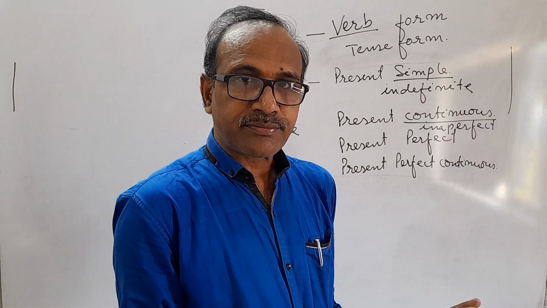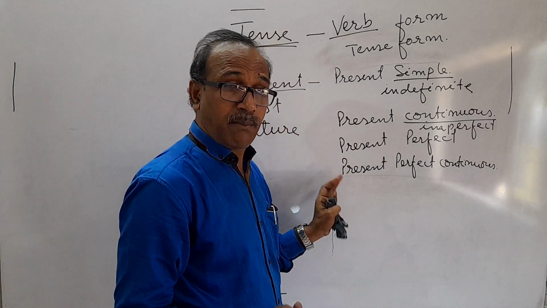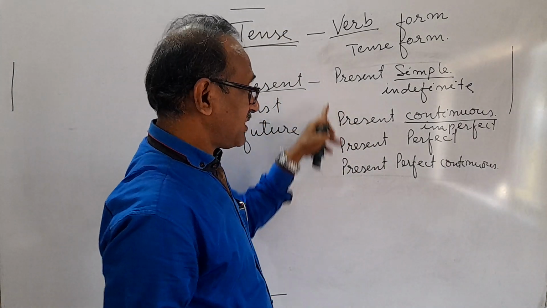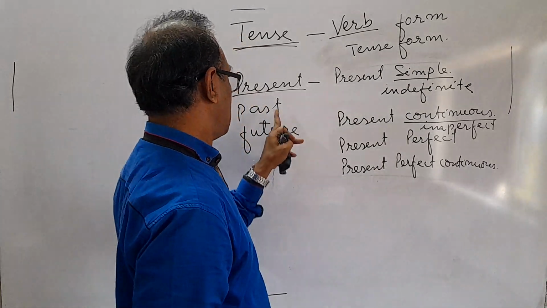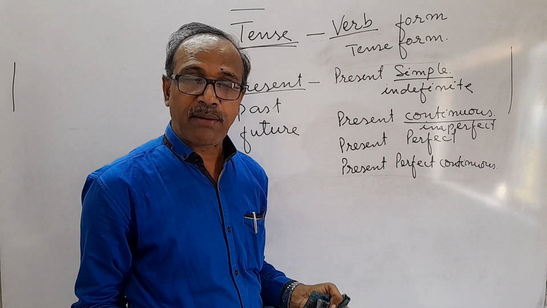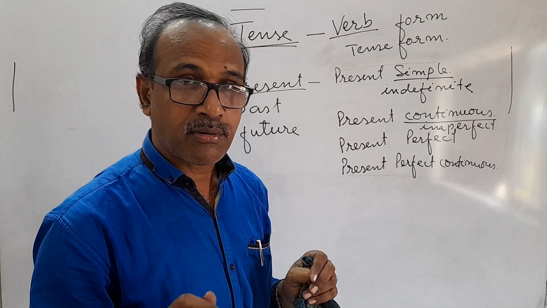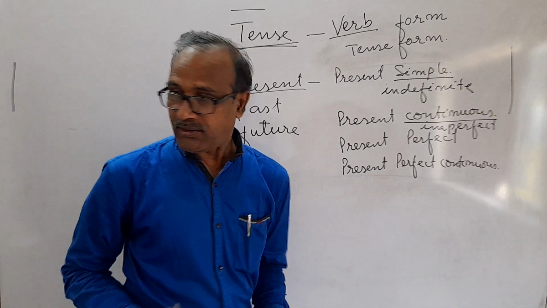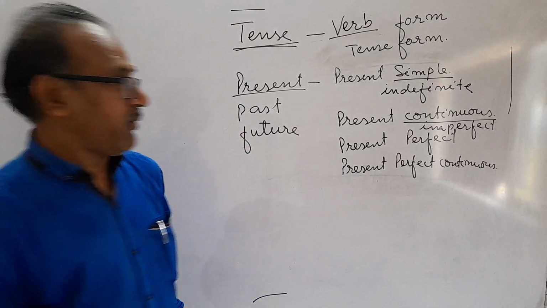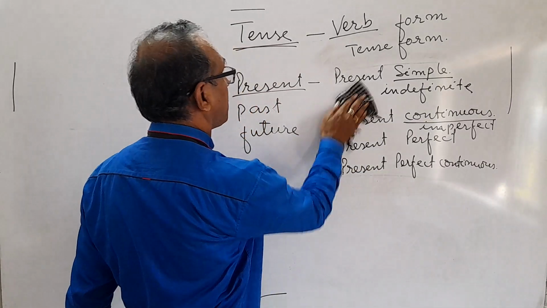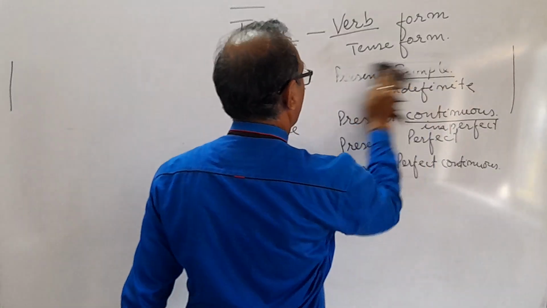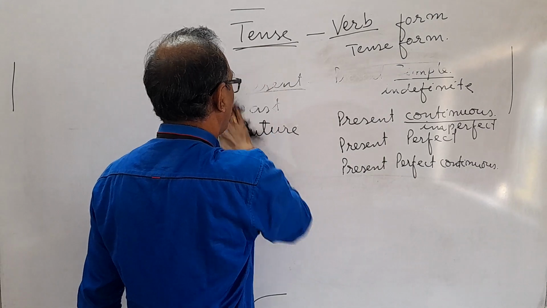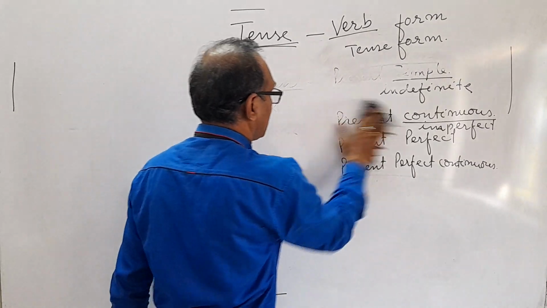Is it clear? Okay, I have not written here, but you have to understand this. As present has been divided into four, these past and future also can be divided. Okay, now the important thing we are going to discuss is the tense form, the form of the tense.